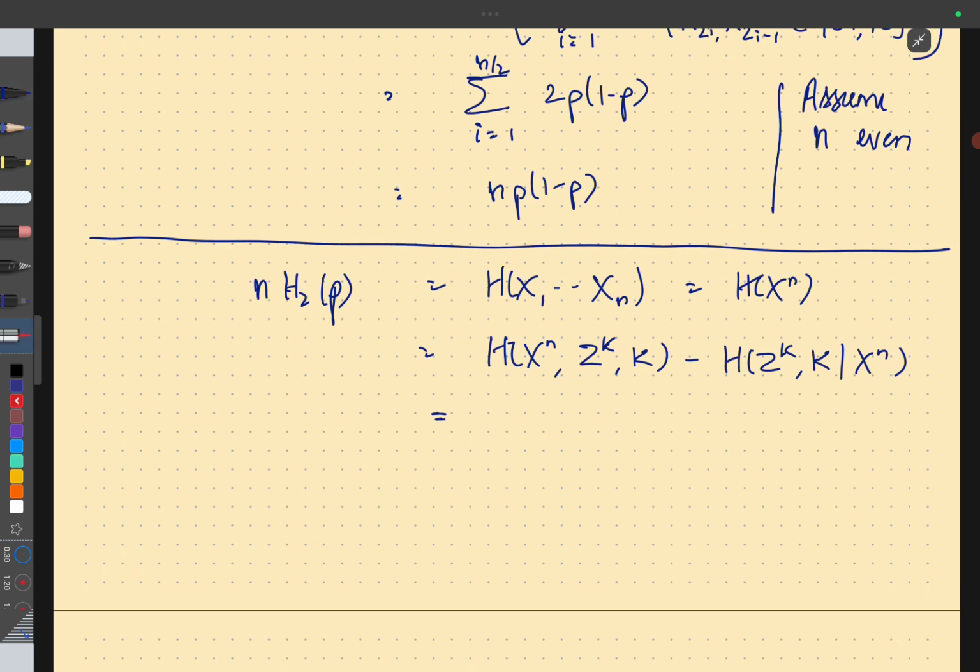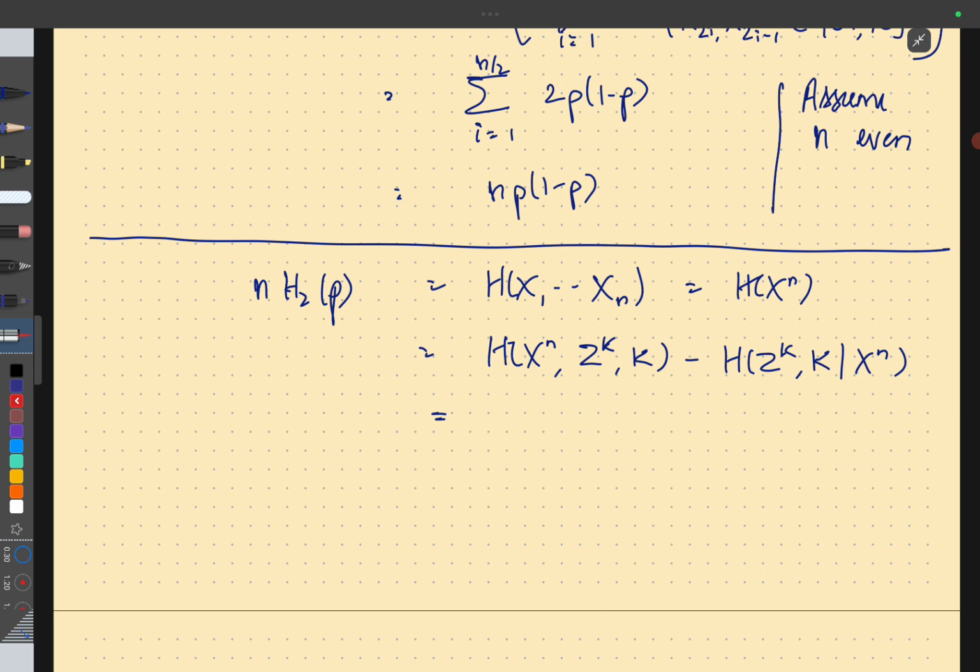What can you say about this second quantity here? I have some algorithm which is fixed. If I give you x^n, how much uncertainty is left in z^K and K?